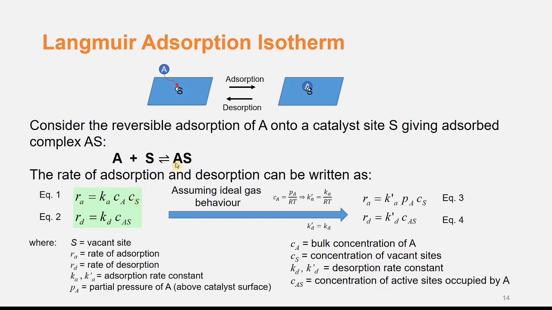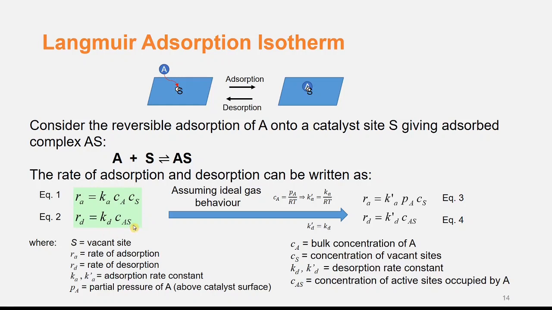The reverse reaction is desorption, and its rate is denoted by R subscript D. And this is equal to the desorption rate constant, Kd, times CAS, which is the concentration of active sites occupied by A. Here we expressed everything in terms of concentration.